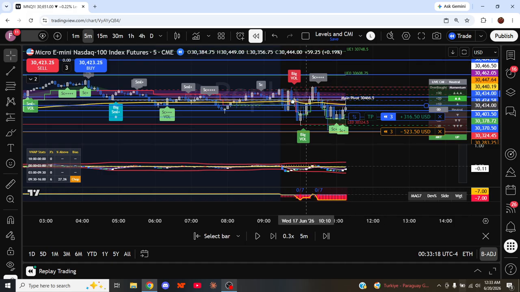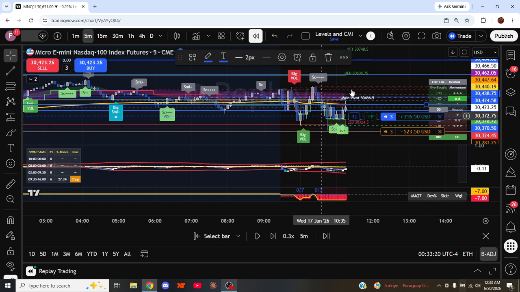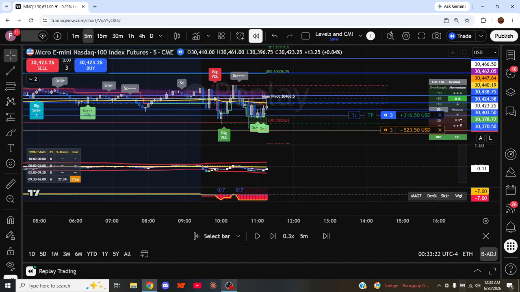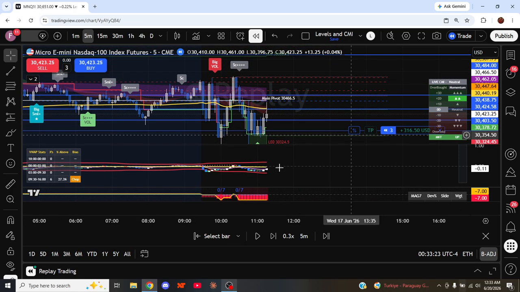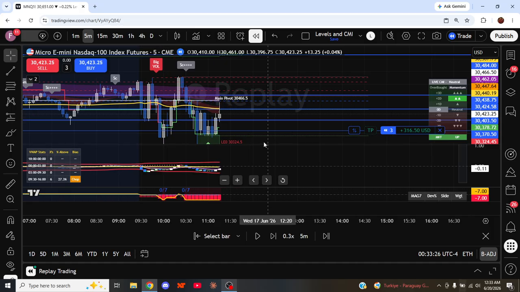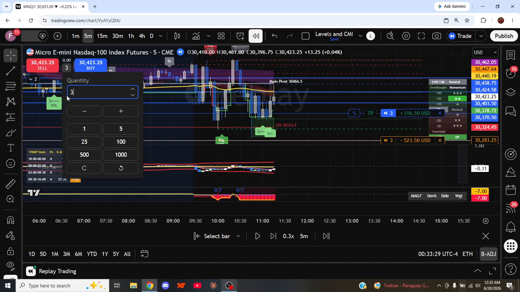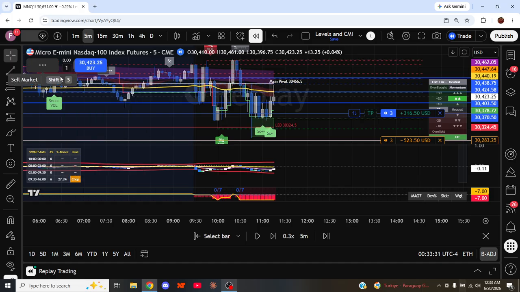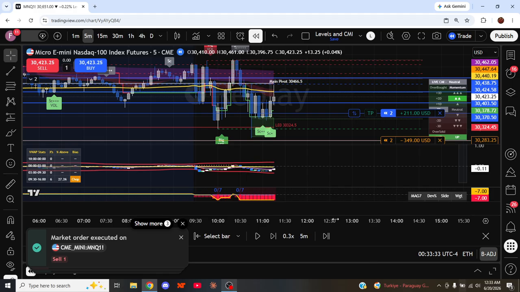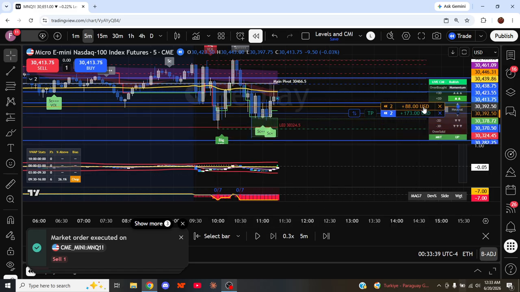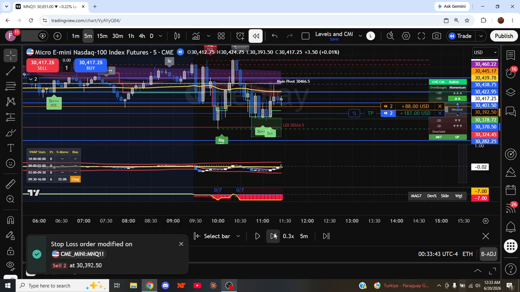Alright, now we're reversing off of the VWAP. So, we're going to trim. Now we are going to reduce risk. 2 candles down.